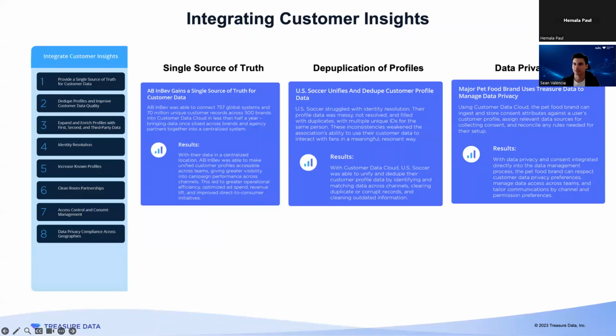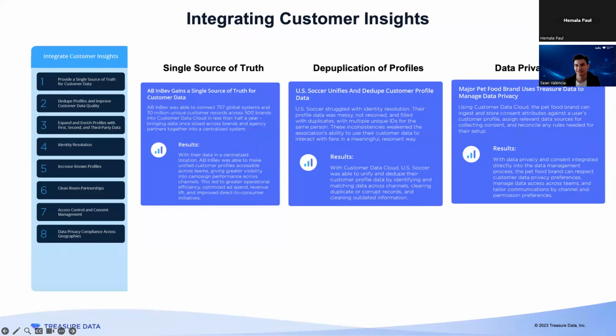And another great driver of efficiency is being able to bring all of that data together and then focus on deduping, which we can see here, actually with a big focus on the section from the U.S. Soccer Federation.